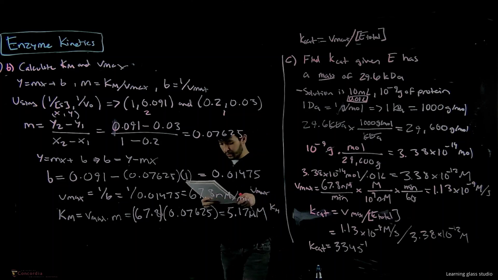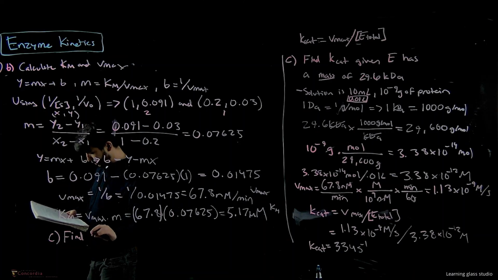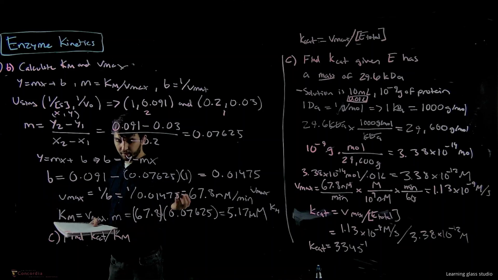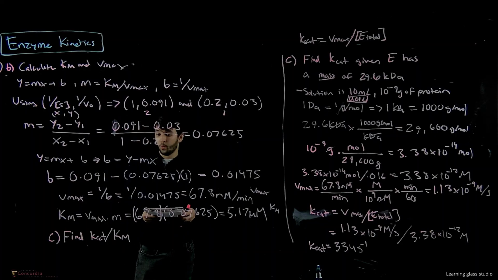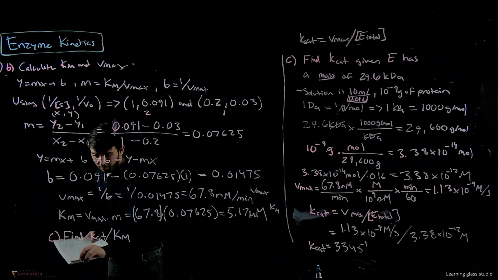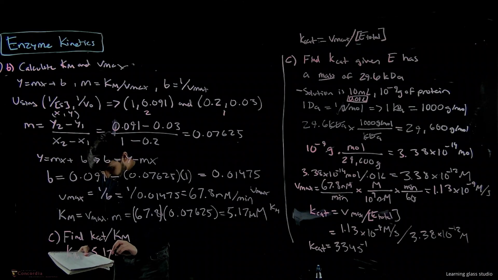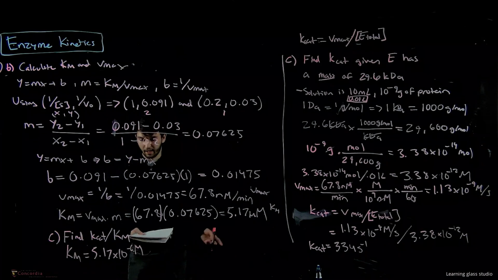The last part that I wanted to add was to find the catalytic efficiency, which is kcat over Km. This is pretty easy, since we have Km in micromoles, so we need to convert that. Km is equal to 5.17 times 10 to the minus 6 molar, just getting it in the same unit.